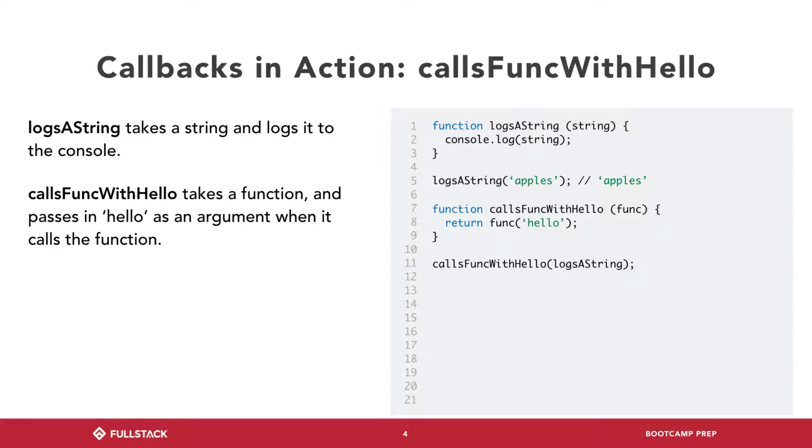Well, I guess the question here is, what does func of hello return? So the question then becomes, what is func? Which function is func representing? Okay, well, no. What is func here?